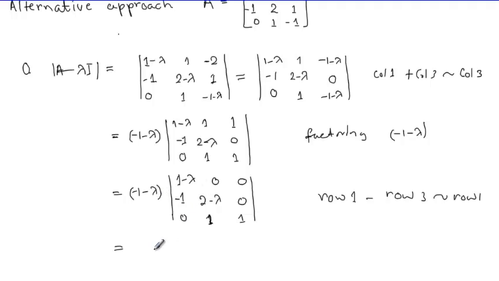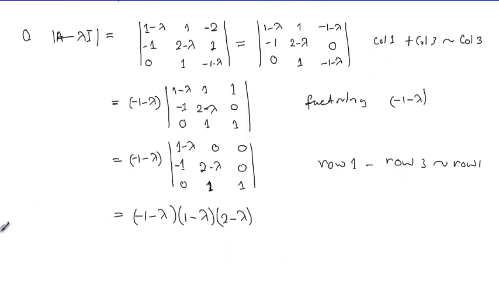So the determinant of this is going to be minus 1 minus lambda multiplied by 1 minus lambda multiplied by 2 minus lambda multiplied by 1. So this is our characteristic polynomial.